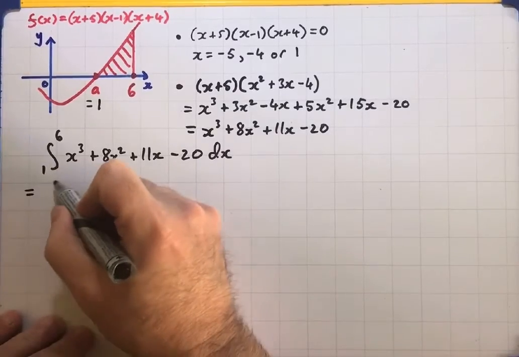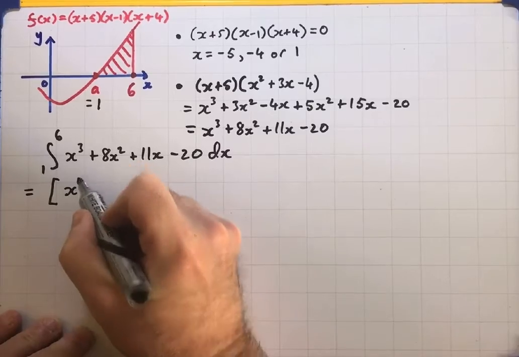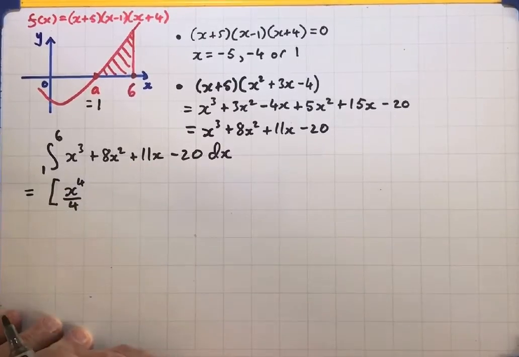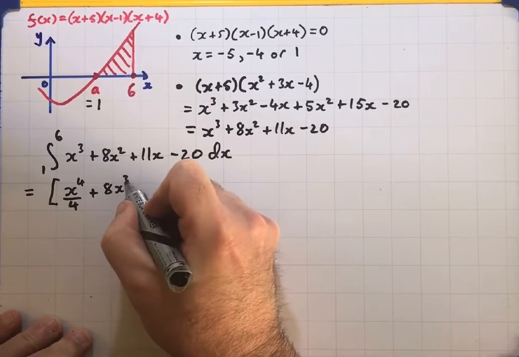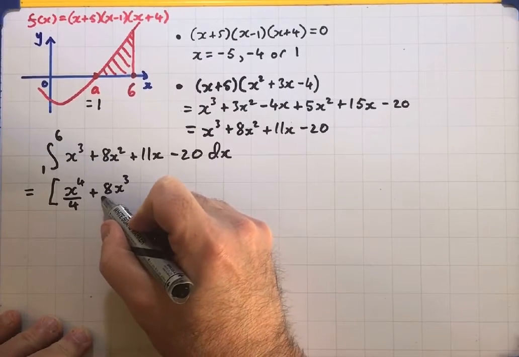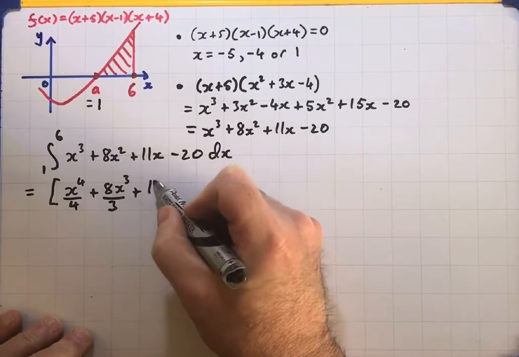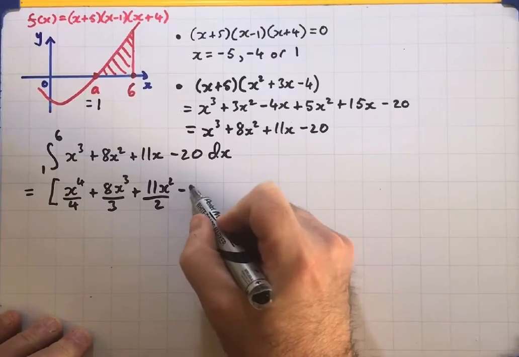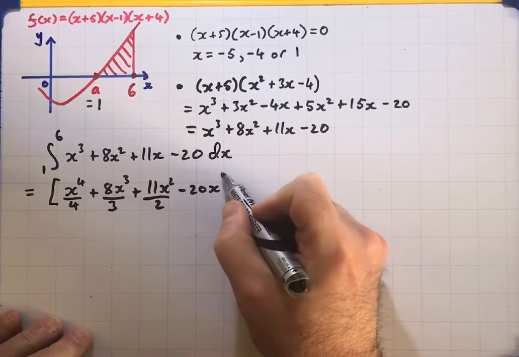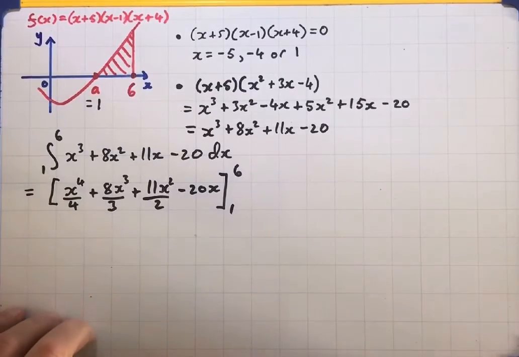Okay, let's integrate. And we're going to get x to the power 4 over 4 plus 8x cubed over 3 plus 11x squared over 2 minus 20x, and we wanted that between 1 and 6.